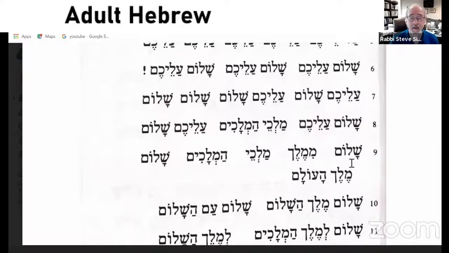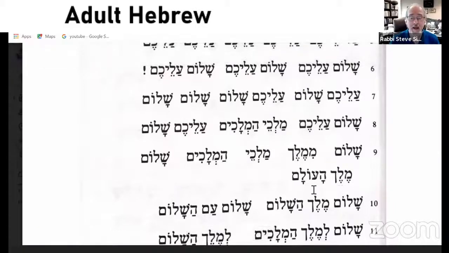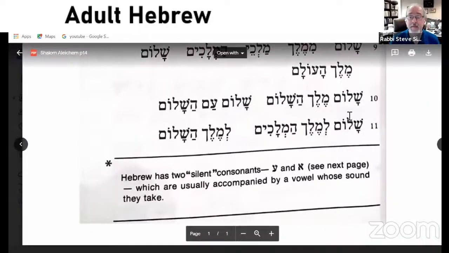Line 9. Shalom mi melech malachei HaMelachim, Shalom, Melech HaOlam. Line 10.